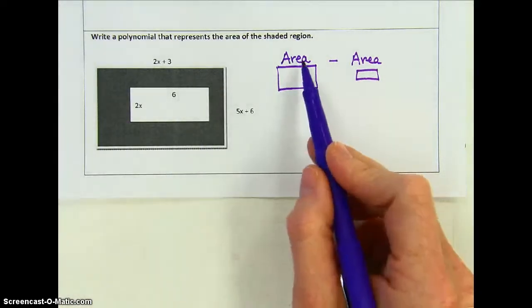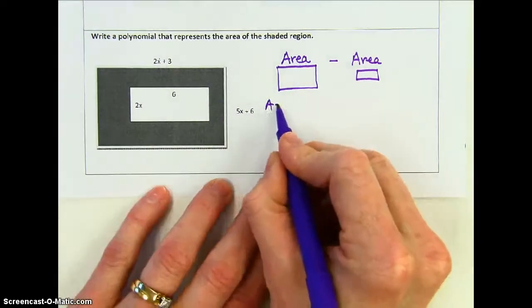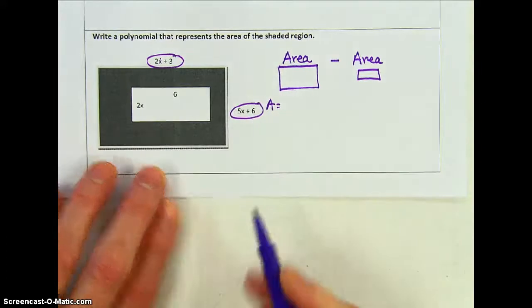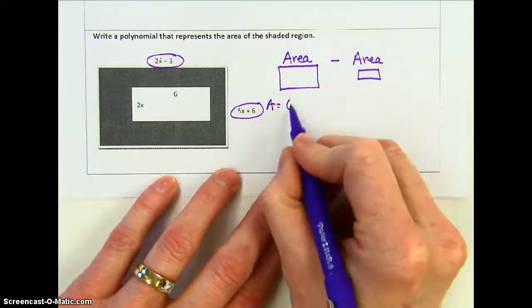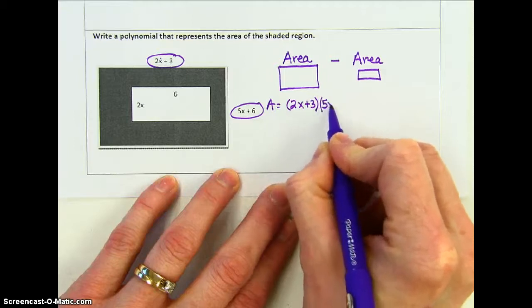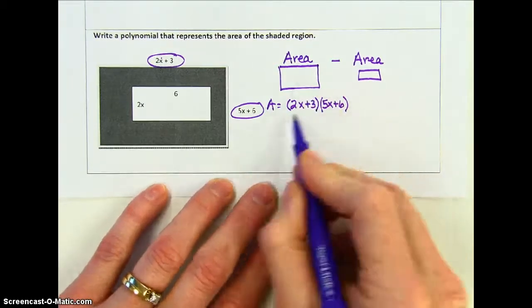So the area of the large rectangle will be length times width. We have length and width in binomials. So we are going to say 2x plus 3 times 5x plus 6 for the big one. Let's clean this up.